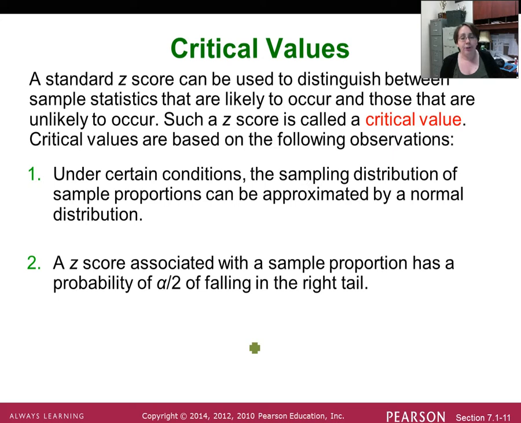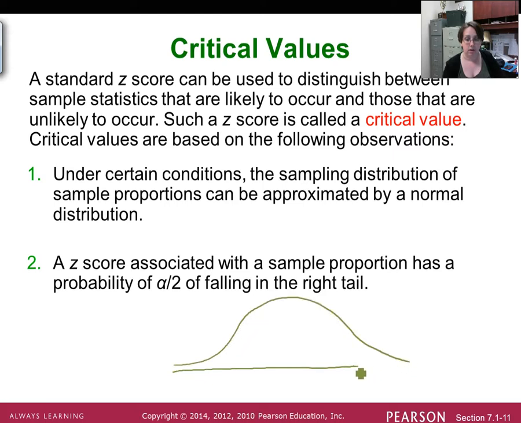Number 2, a z-score associated with a sample proportion has a probability of alpha divided by 2 of falling in the right tail. So let me translate this. We have a bell curve. They're saying that we have 2 tails here. Alpha divided by 2 is the area in one tail, and alpha divided by 2 is the area in the other tail.